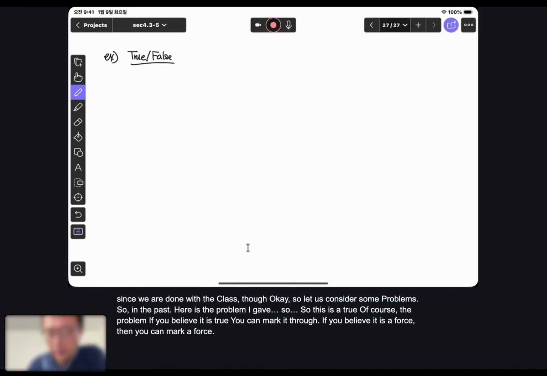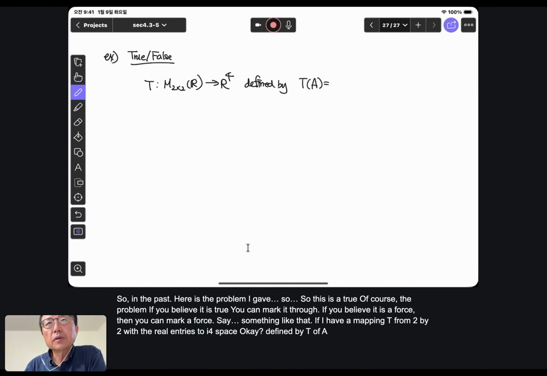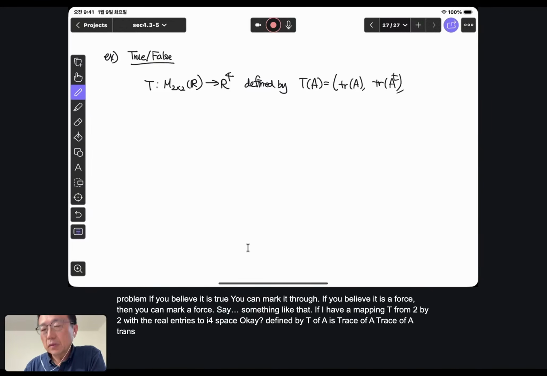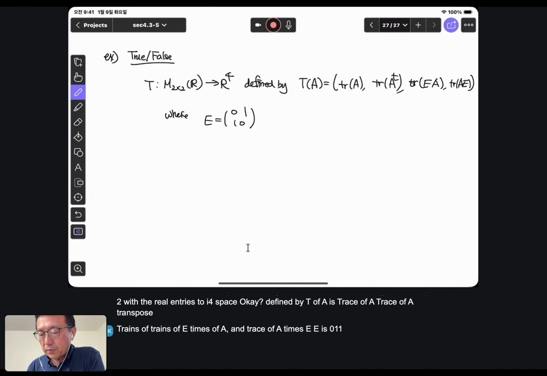Say something like that. If I have a mapping T from 2 by 2 matrices with real entries to R4 space, defined by T of A is trace of A, trace of A transpose, trace of E times A, and trace of A times E, where E is the 0, 1, 1, 0 matrix.